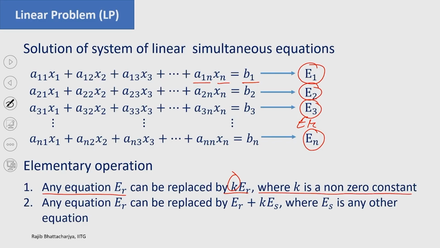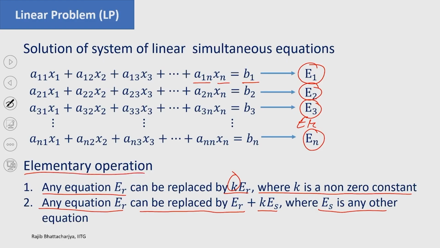The solution will not change if I multiply a particular equation by a constant. Similarly, any equation Er can be replaced by Er plus k Es, where Es is any other equation. In that case also the solution will not change. These two are known as elementary operations.